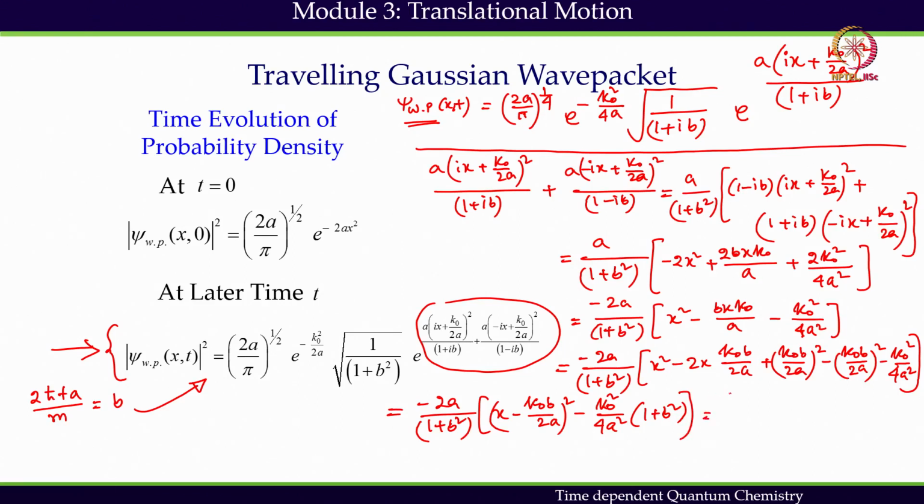So this is nothing but 2a by 1 plus b square minus 2a by 1 plus b square multiplied by x minus k naught b by 2a whole square plus k naught square divided by 2a.